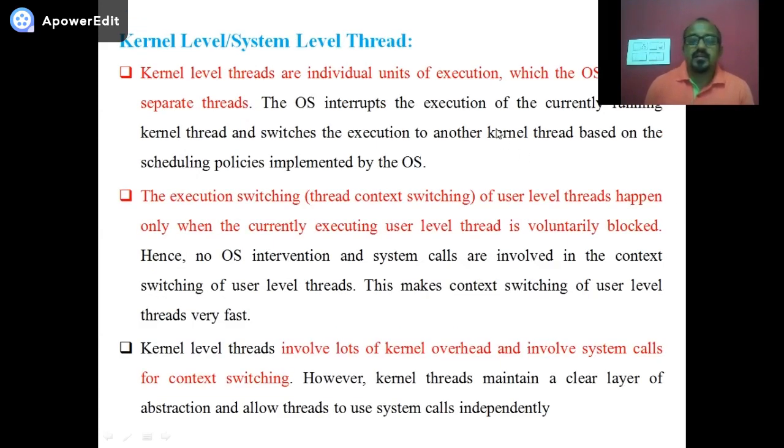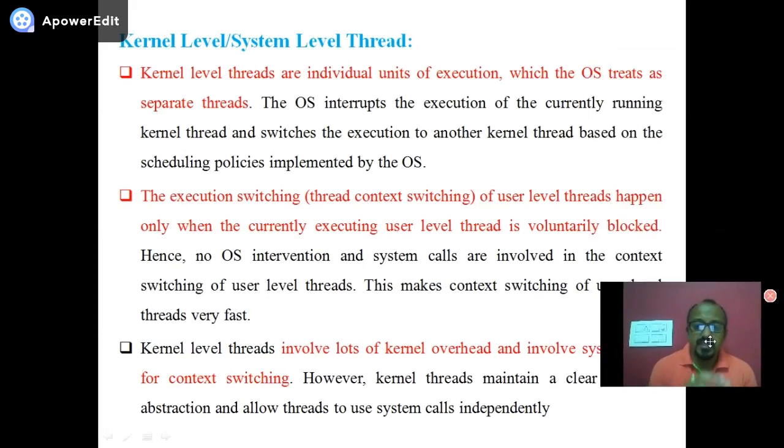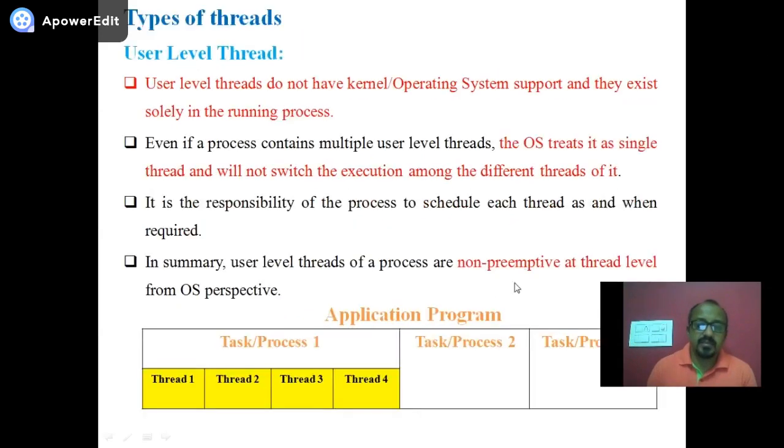But in a kernel system level thread, the operating system will identify or recognize each thread created within the task. Look at here, a single task, task 1. Within that, task 1's program is subdivided into smaller chunks called thread 1, thread 2, thread 4. After task 1 comes task 2, and based on priority they make use of the CPU time and execute their code.